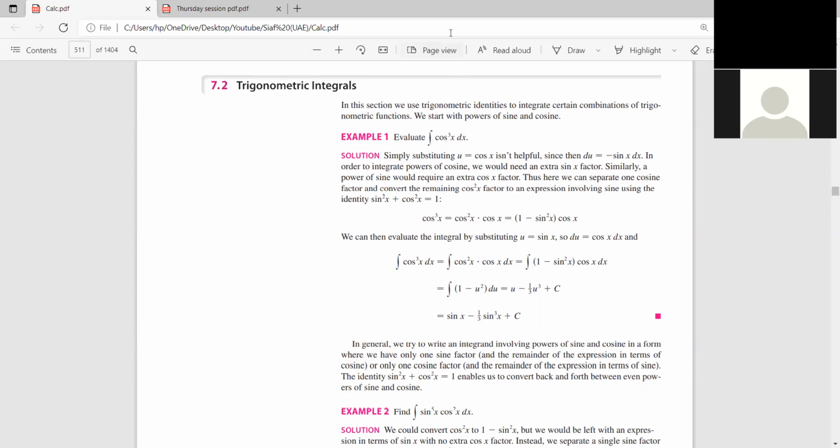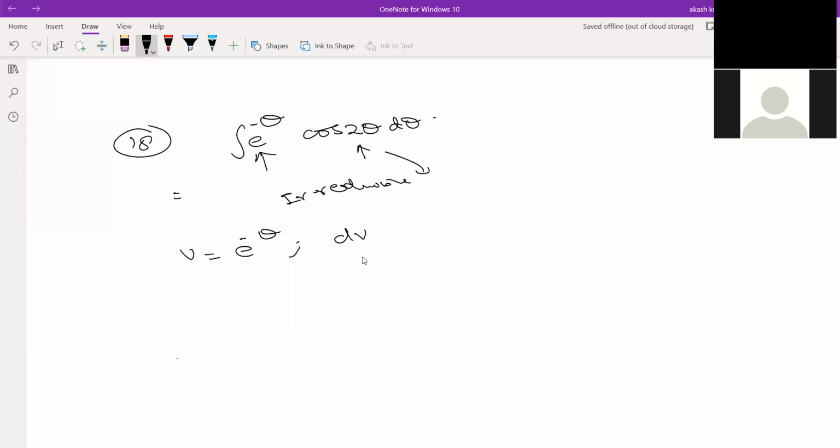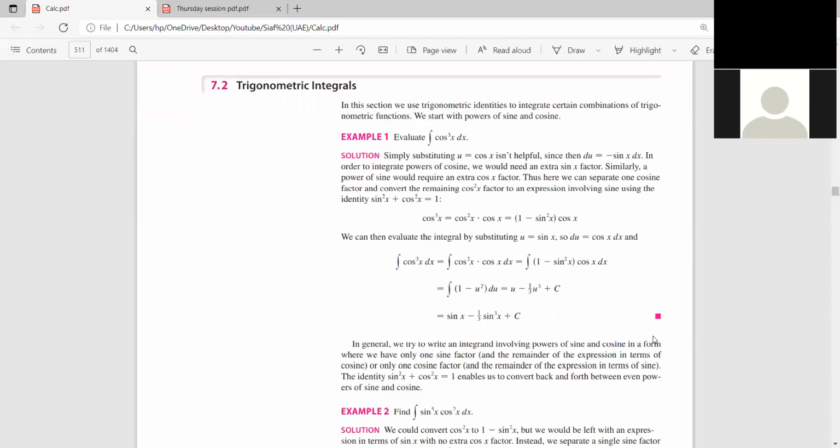Okay, I will keep on discussing the things with you as we start solving examples. So example number 1 is, what was example number 1? This: the integral of cos 3x dx.